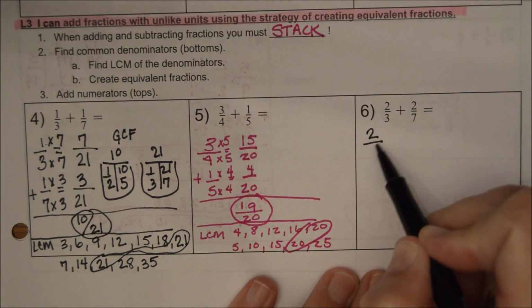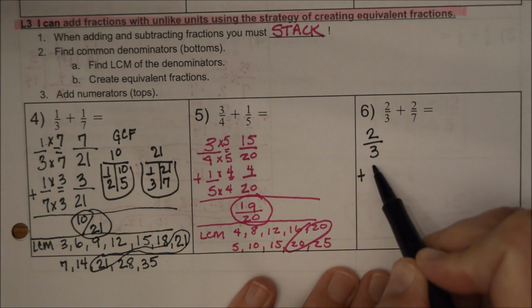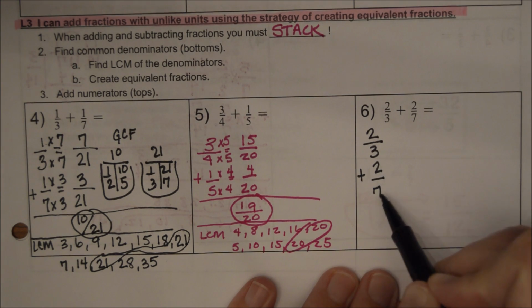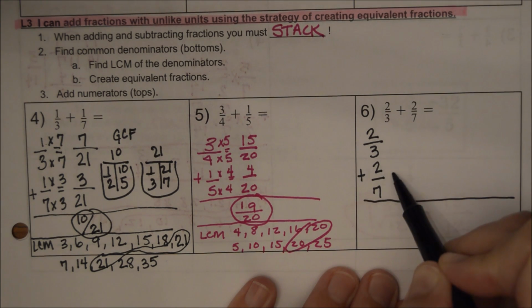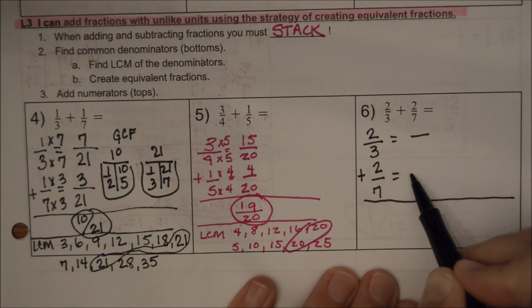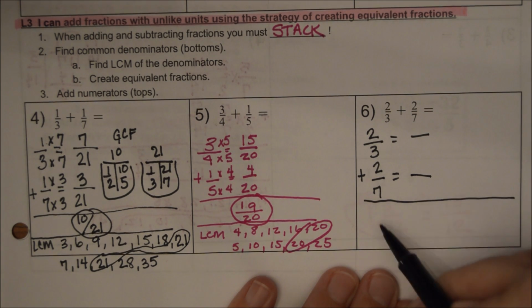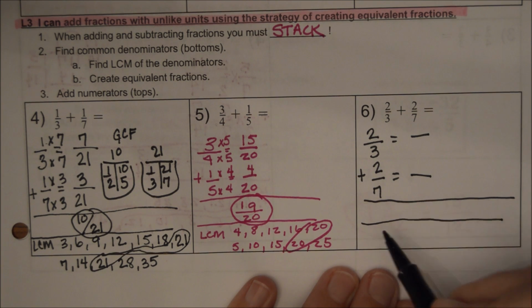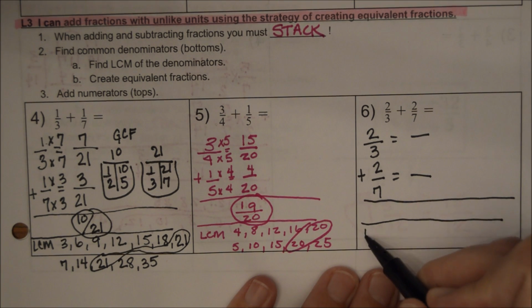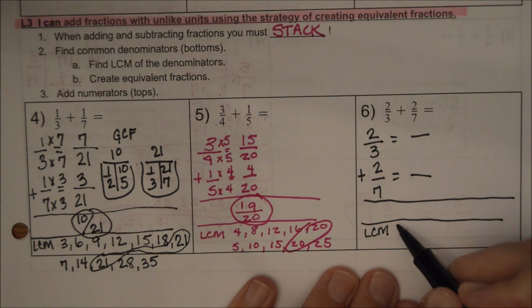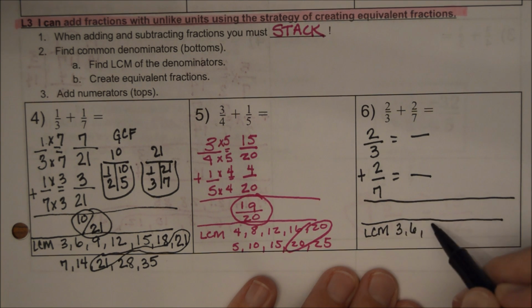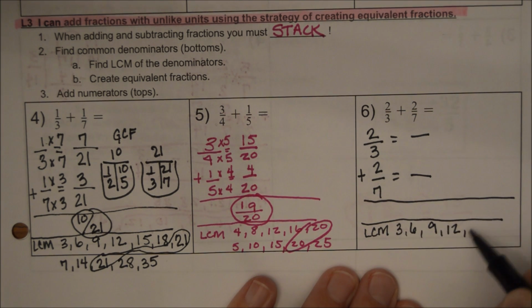So 2/3 plus 2/7, set your table. Okay, equals. Is this the same problem? No, but I bet you I already know what the common denominator is because we just did it. Do the LCM. 3, 6, 9, 12, 15.